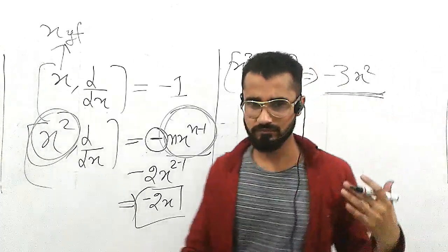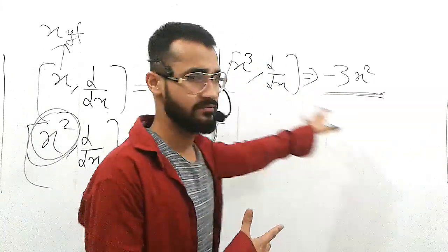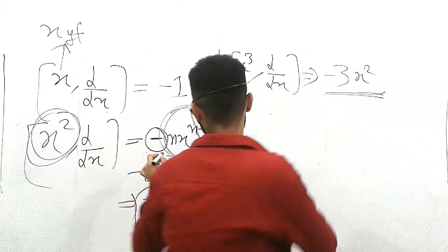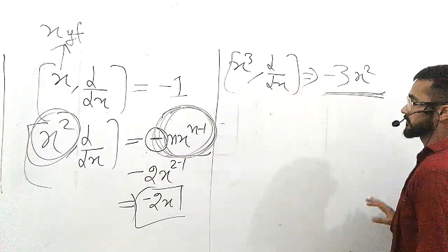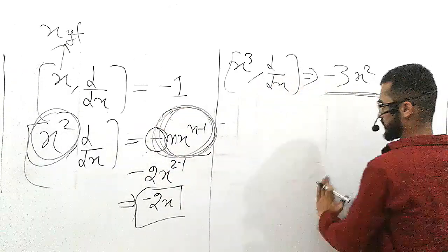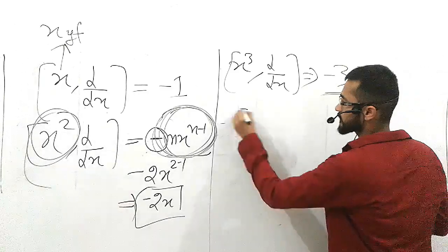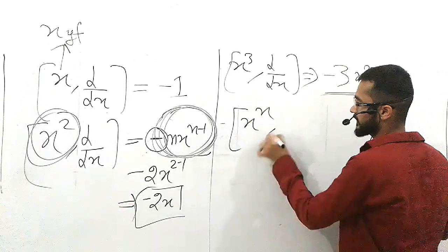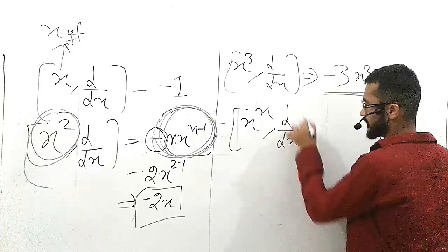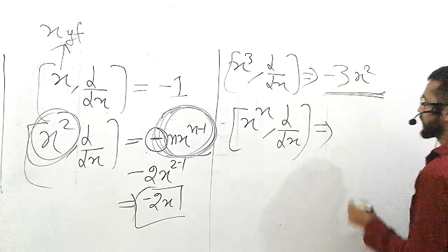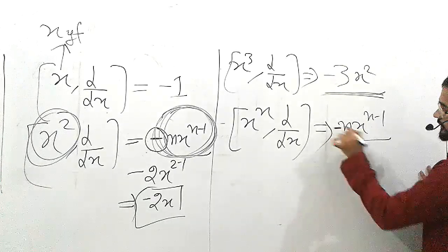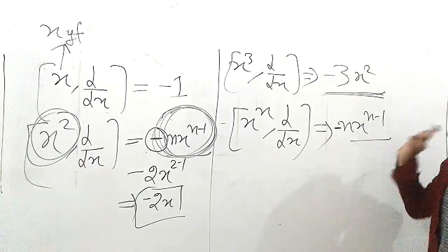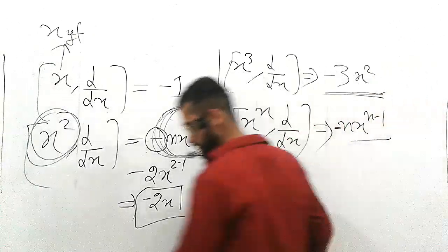So we apply this same formula. I can write that if it is x power n and d by dx, it will be minus n x power n minus 1, and the negative sign is here.